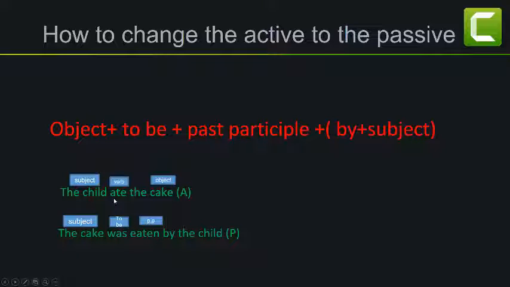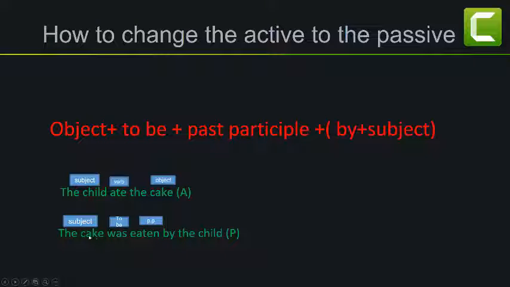As we see, the verb is in the past simple, ate. So we use to be in the past form. The cake was. Then after to be, we should write the past participle of the main verb. The main verb is eat, and the past participle of the verb eat will be eaten.